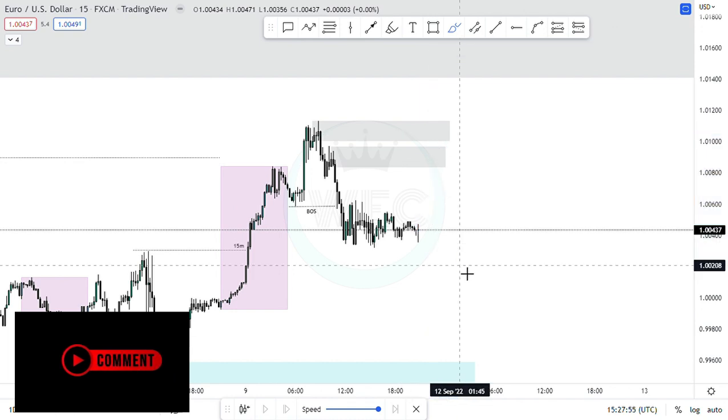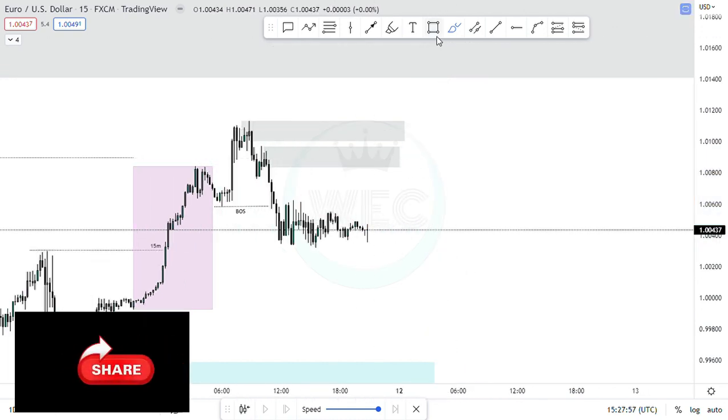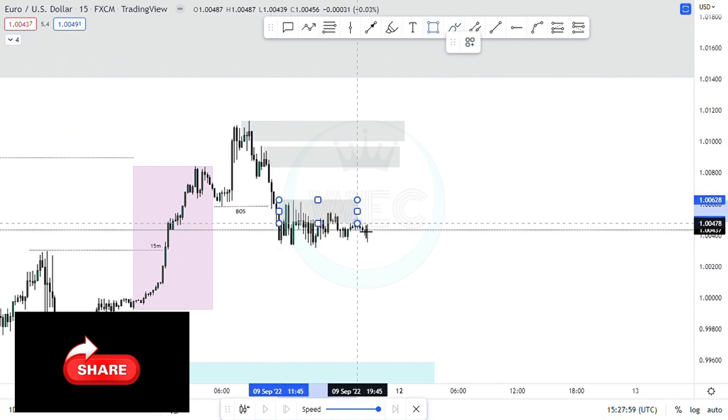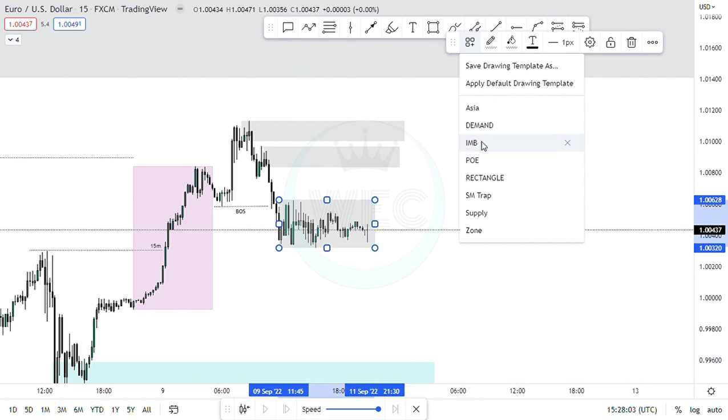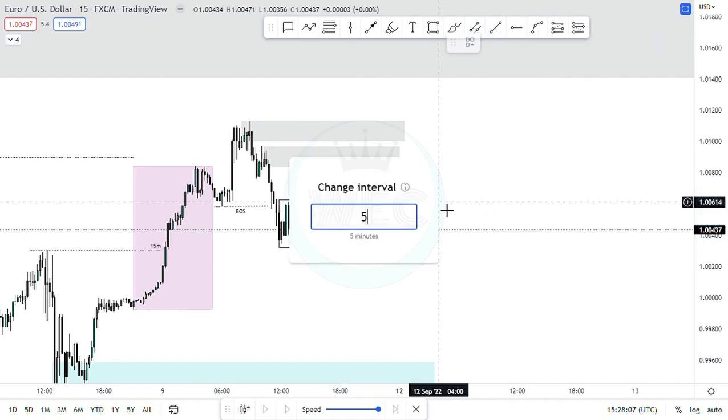Okay, now the reason why I am saying this is if I step into the M5, this price action in here is a beautiful Wyckoff accumulation formula. Okay, so let me step into M5.